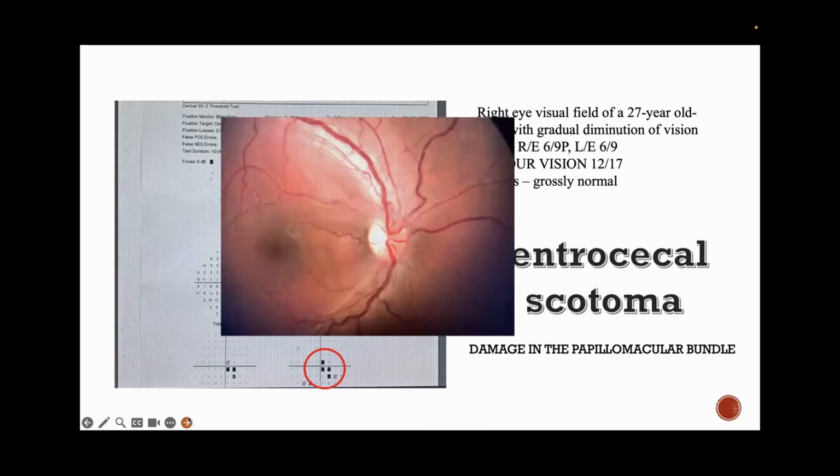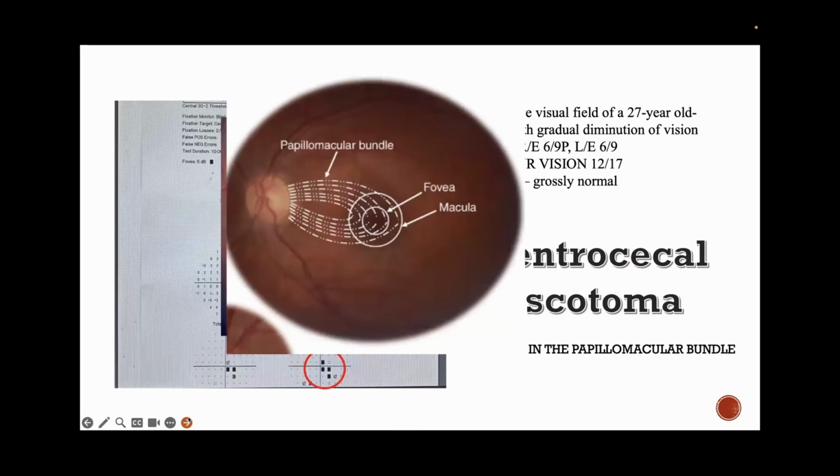This was the fundus of this patient. Out of curiosity, just to mention that there was some mild tortuosity of the optic nerves and there was a disc pallor in the temporal part of the retina. So this is the papillomacular bundle running from the optic nerve to the fovea, and this is where the damage happens.